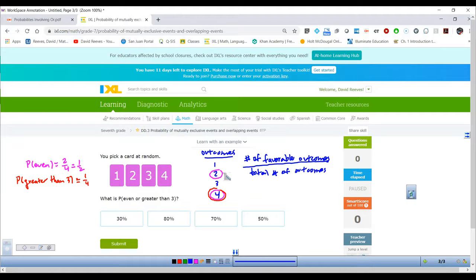All right, so here we go. So the number of favorable outcomes was 2, right? The number of total outcomes was 4. And so we have a 1 out of 2, or a 50% chance.